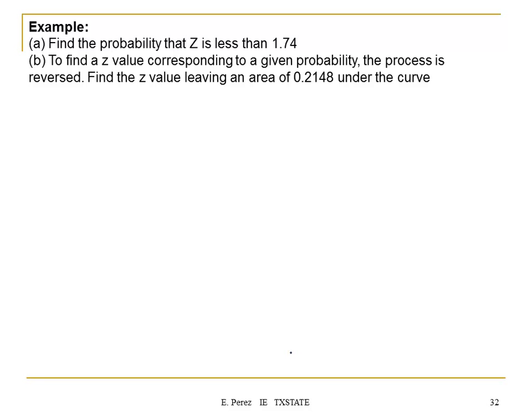Okay, so remember that's the probability for Z. So coming back here, the probability of Z being less than 1.74 from the table equals 0.9591. And this is from table A3.